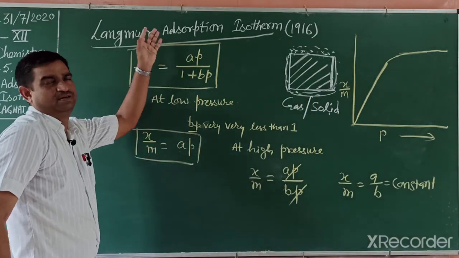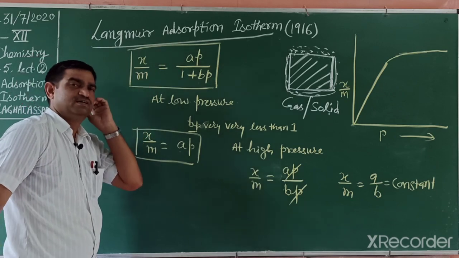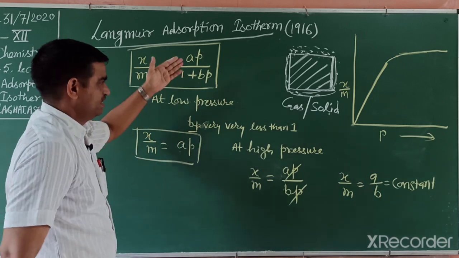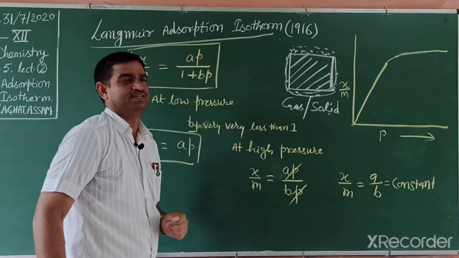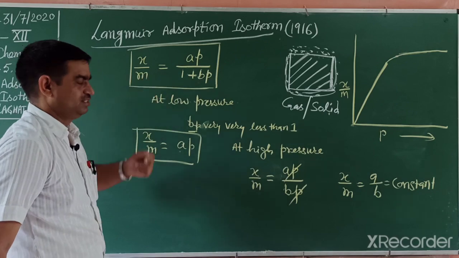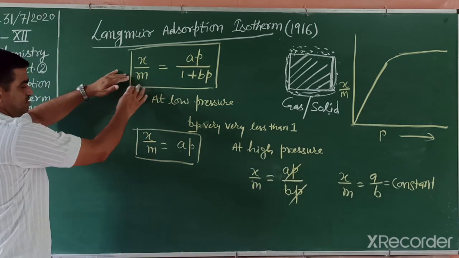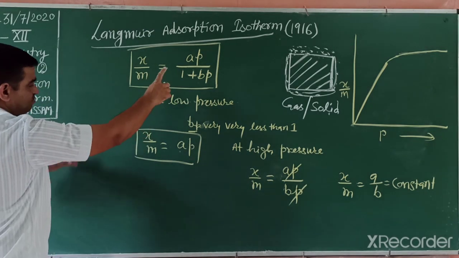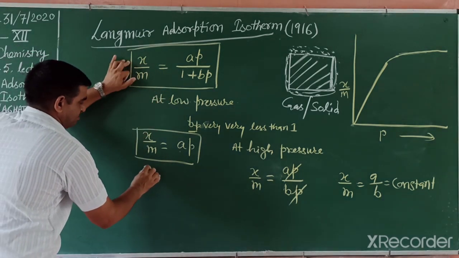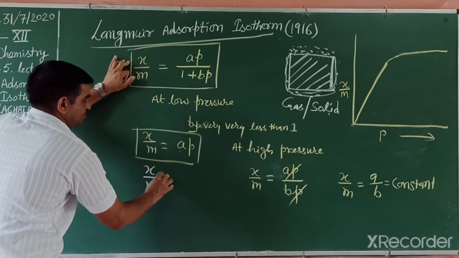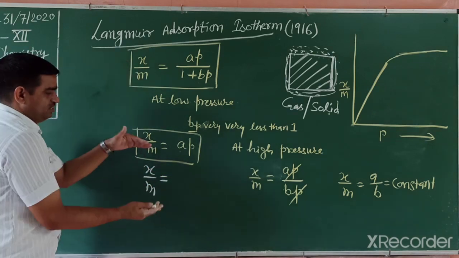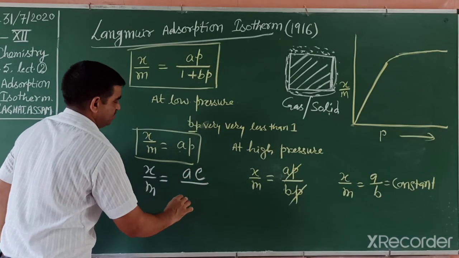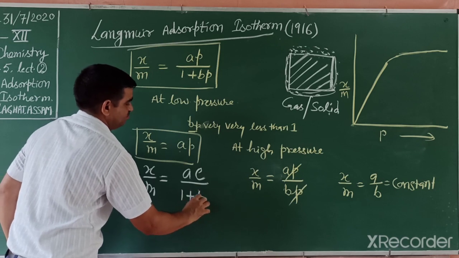This was given by Langmuir, a scientist, as the adsorption isotherm in 1916, when a gas adsorbs on a solid surface. He gives the same relationship in solution also, but in solution he writes concentration in place of P. For solution we can write this equation: x by m, the extent of adsorption, is equal to AC divided by 1 plus BC.